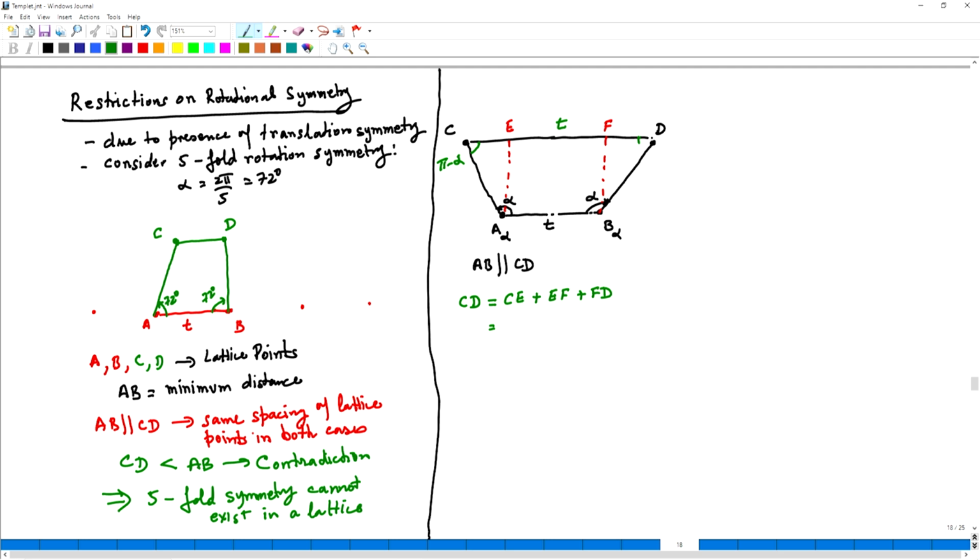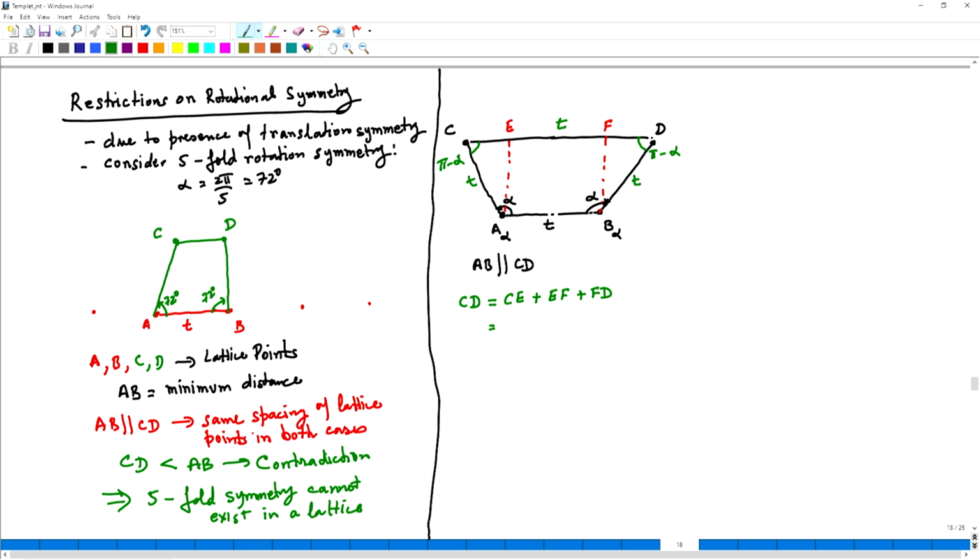Similarly, in this triangle, the angle FDB would also be pi minus alpha. Another thing: AB is T. When I gave a rotation about A, this entire line AB rotates to form AC, and hence the length AC would be T. Similarly, the length BD would be T.